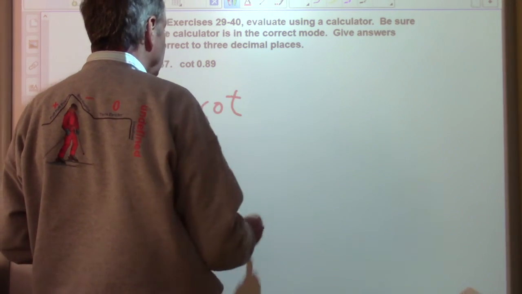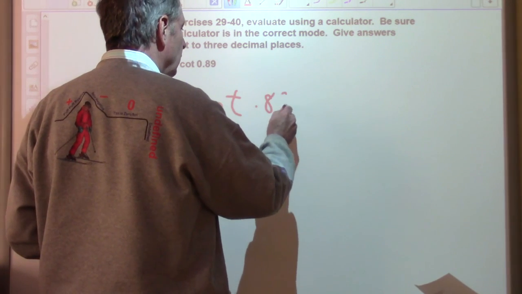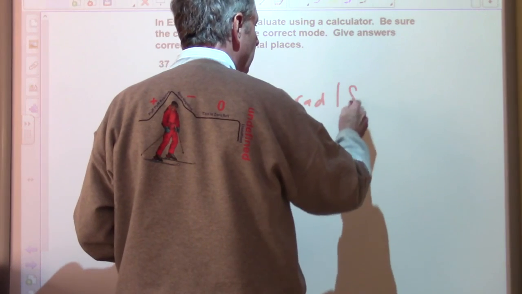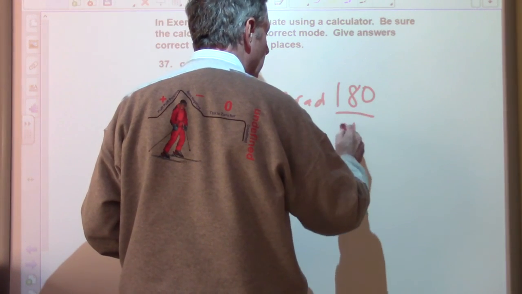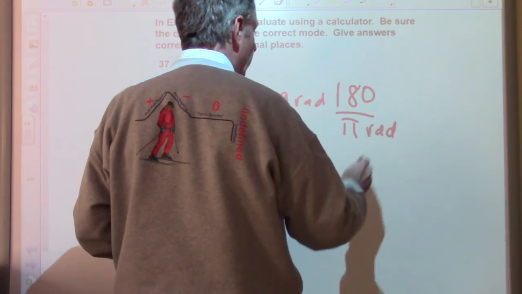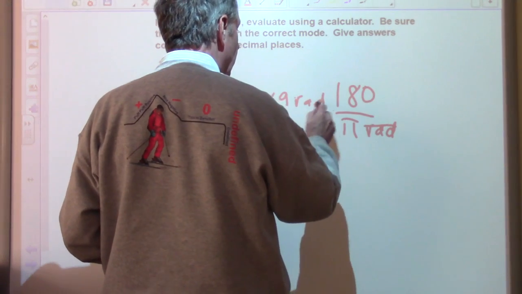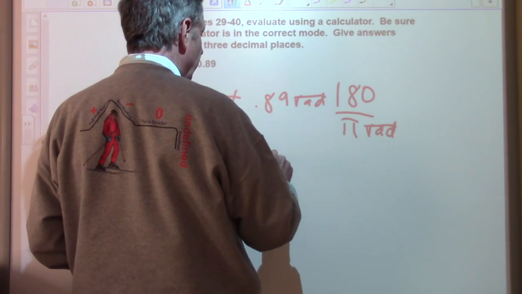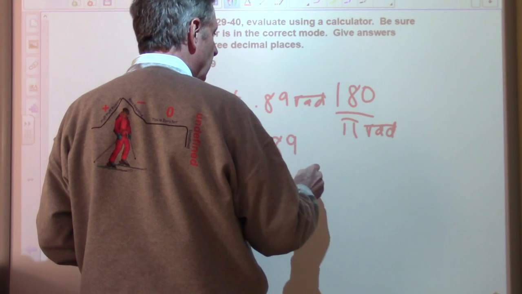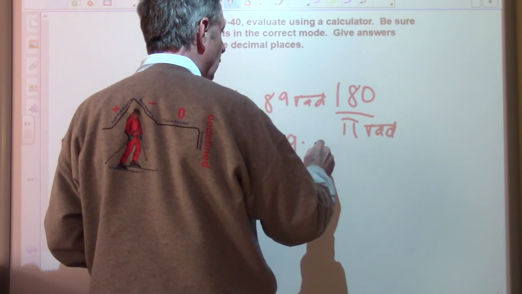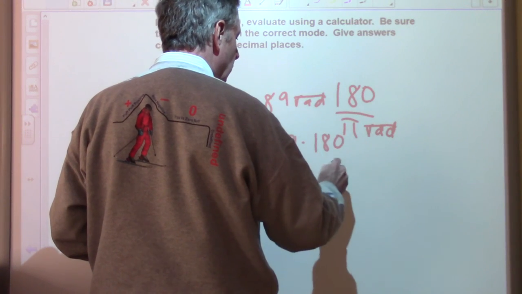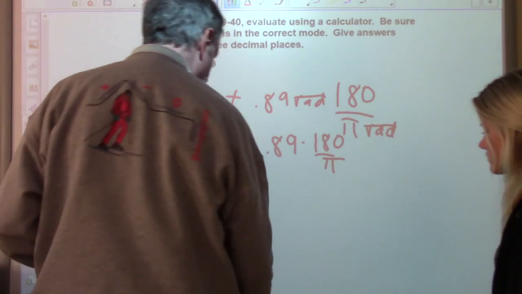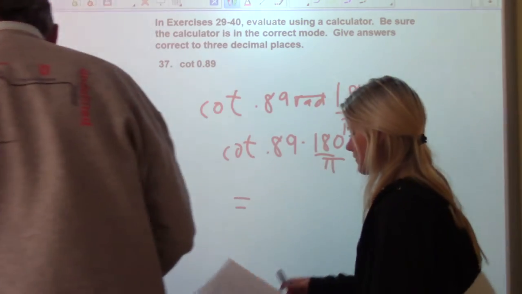We have .89 radians. To convert to degrees, multiply by 180 over pi radians. These cancel out. So it'd be cotangent of .89 times 180 over pi. If your calculator's still in degrees, because you convert to degrees, there you have your answer. I literally put it in how it is.